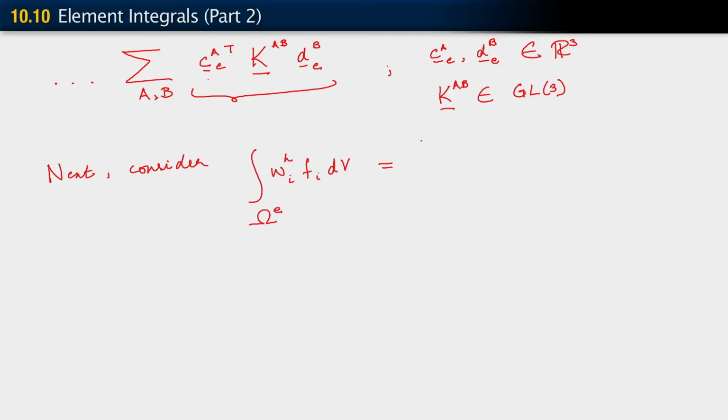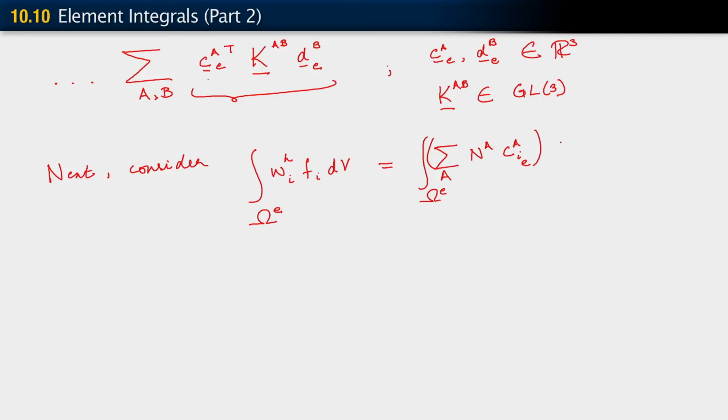So we have the integral over omega e of the sum over a of N A, no gradient on it, C A I E. That sum gives us our weighting function components.